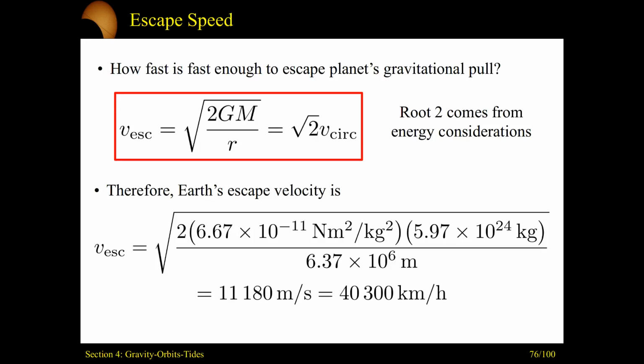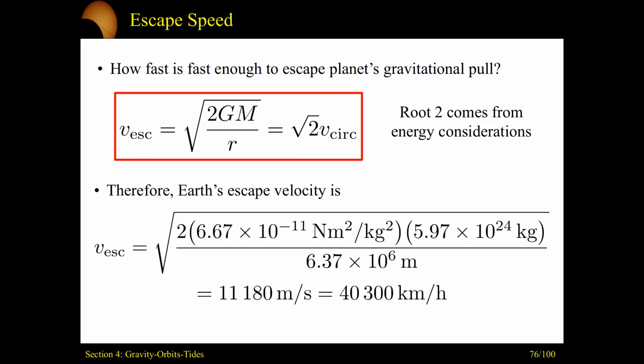So as a sample calculation, if you were to have the strength of Superman, how hard would you have to jump? How fast would you need to be moving if you were right here on the surface of the planet and you needed to move fast enough to escape? Say you wanted to jump towards the moon or something like that. Well, that'd be 2 times the gravitational constant, 6.67 times 10 to the minus 11 newton meters squared per kilogram squared, times the mass of Earth, 5.97 times 10 to the 24th kilograms.